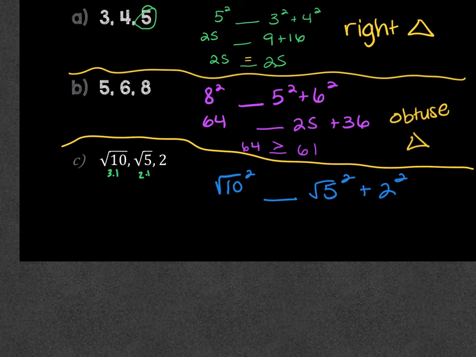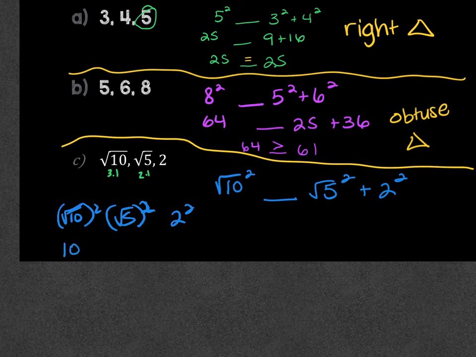Okay, so if that's hard, then after you square them, you can still look at the numbers. Let's say I get to this point and I don't know what root 10 is. But I go to square them. What's the square root of 10 squared? It would be 10.